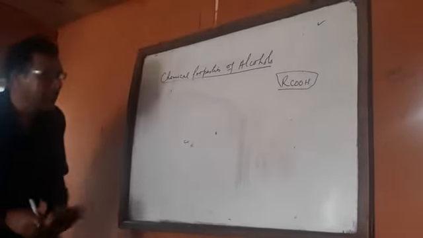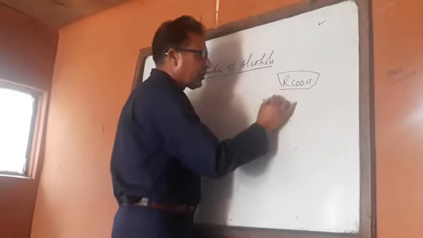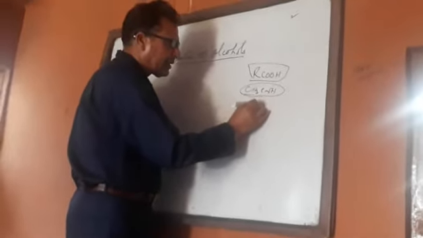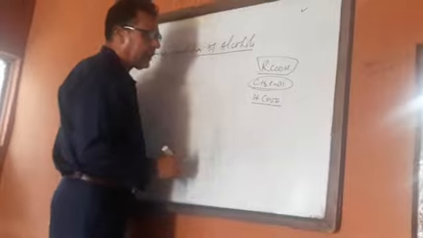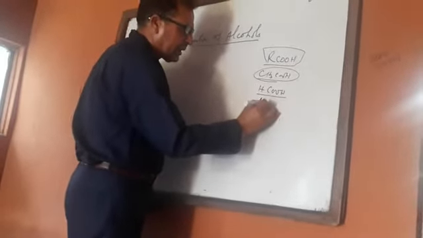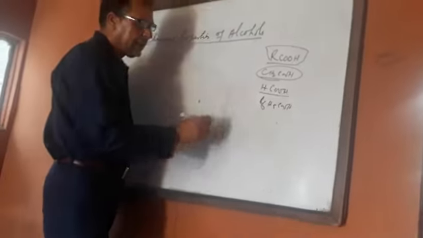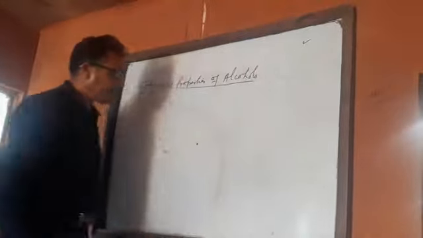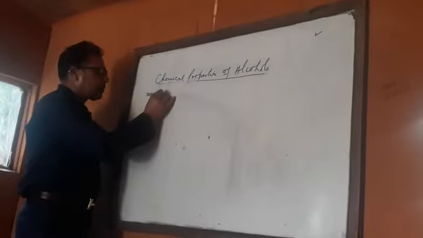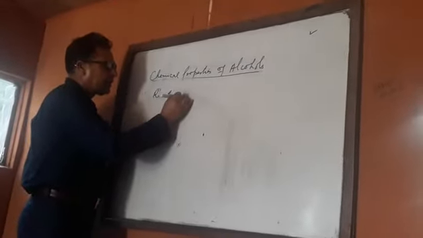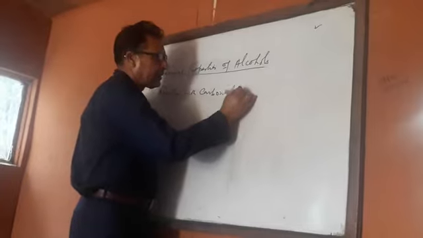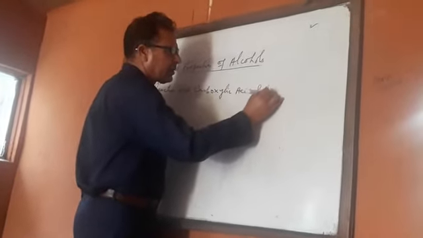If we write CH3COOH, we call it acetic acid. If we write HCOOH, it is formic acid. If we write C6H5COOH, it is benzoic acid. So the general formula is RCOOH. Reaction with carboxylic acids, that is RCOOH.